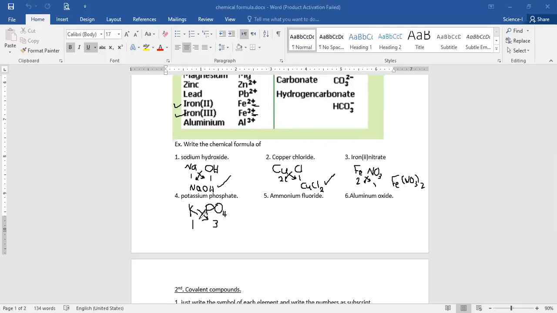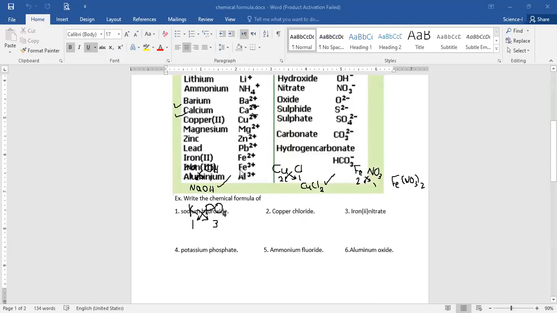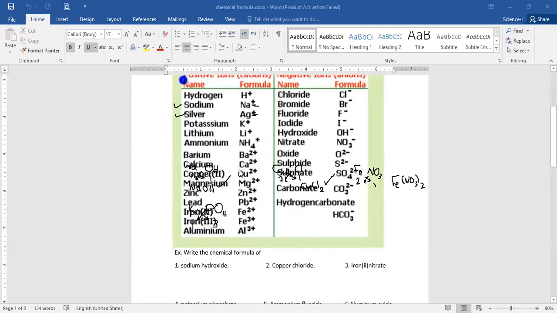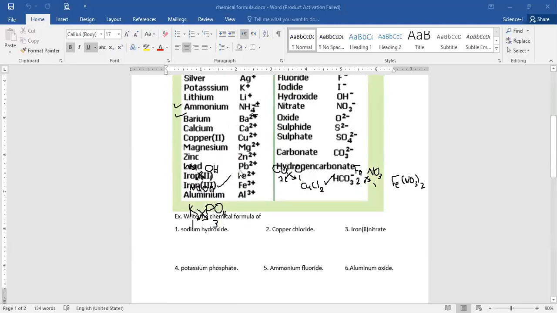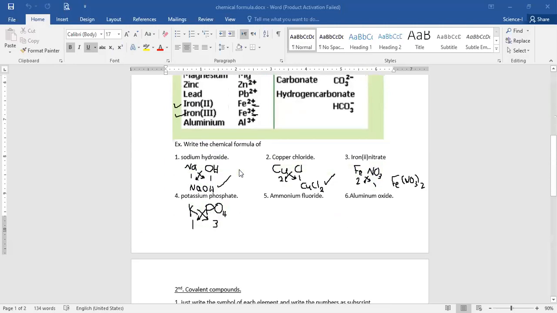Let's switch the places. Mr., phosphate is not in the table, so you could add it. Okay, just check here. Wait a minute to check. Phosphate is not in the table. Okay, so add phosphate, PO4, its charge equals -3.